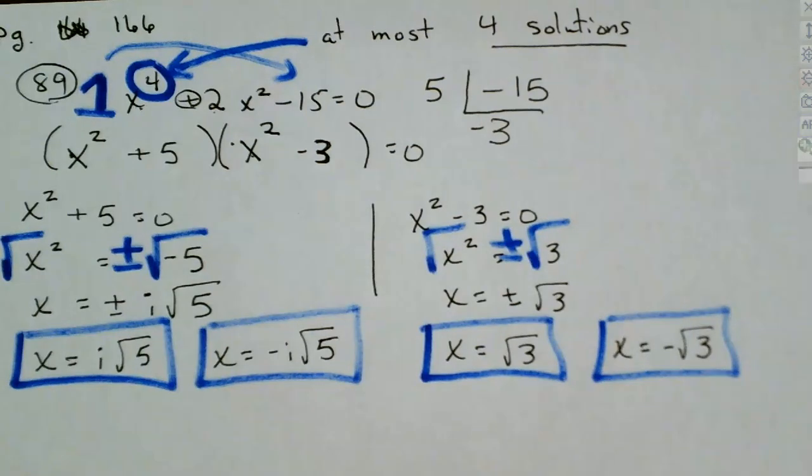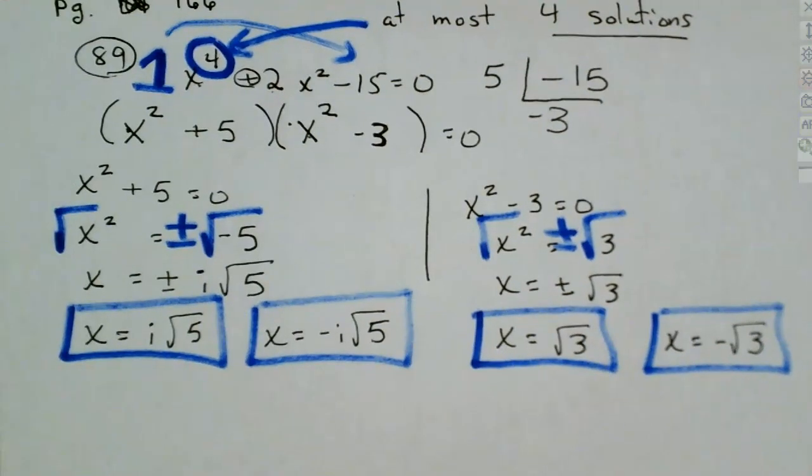Is everyone okay with how I got the 4 solutions there? So you factor it like you always would. Any others? Okay, break it down. How do you get rid of a square? Square root. So you break it down, take the square root of both sides for each part, and you end up with your 4 solutions total.